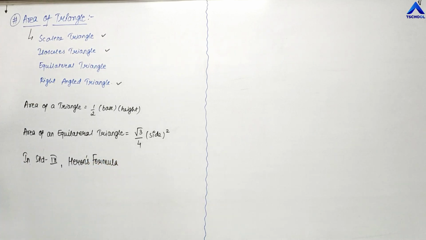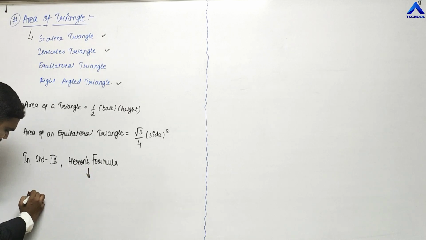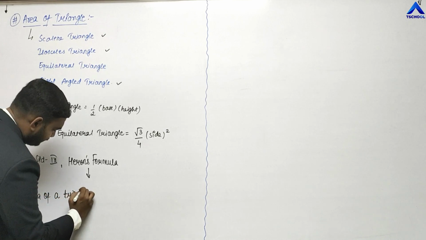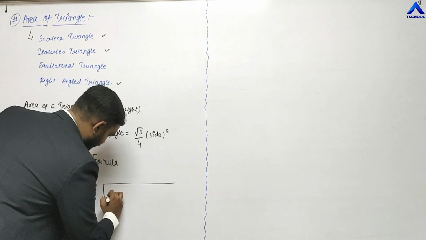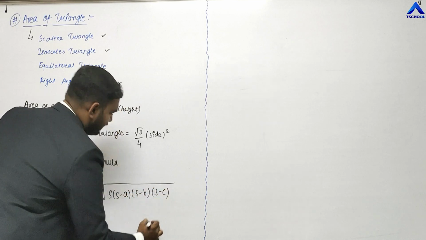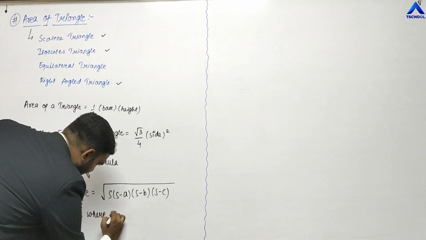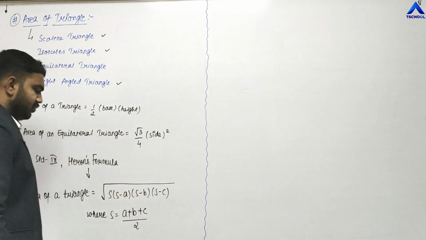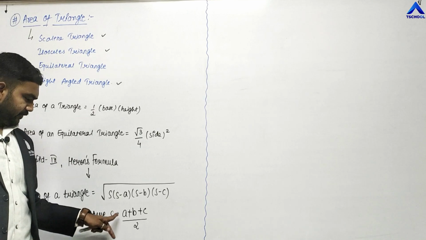The Heron's formula was used to find out the area of a triangle, that is given by square root of s into s minus a into s minus b into s minus c, where s is equal to a plus b plus c by 2, and this s is known as the semi-perimeter of the triangle.